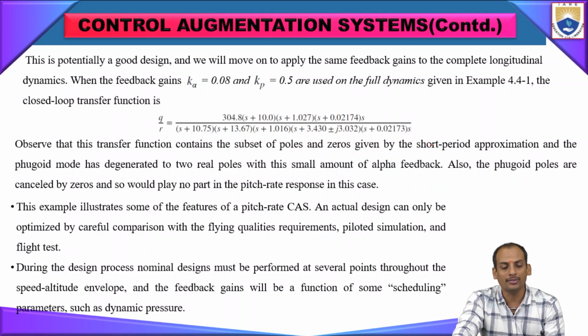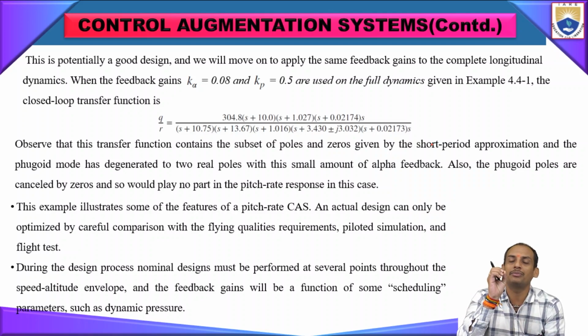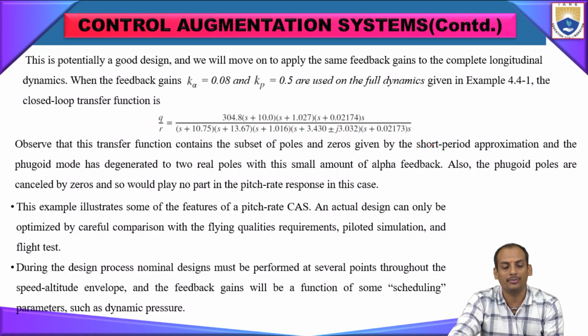During the design process, the design must be performed at several points, because for every transfer function a lot of roots come out. Those roots are tested every time and presented for the testing response of that control surface.